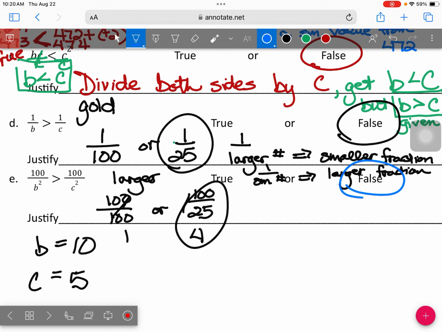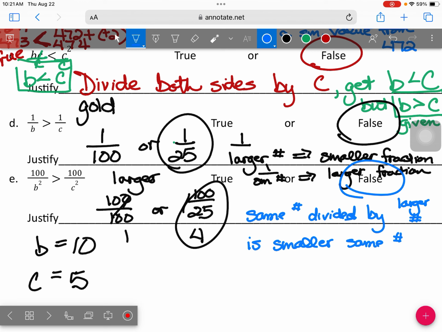So the same number divided by a larger number is smaller than the same number divided by a smaller number.